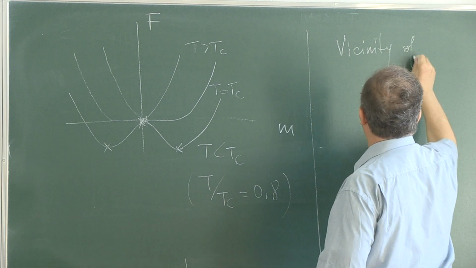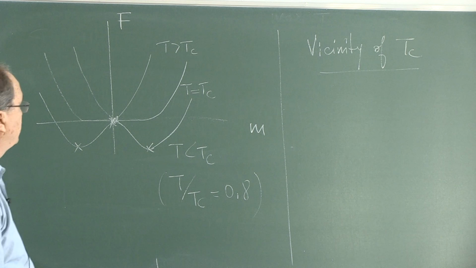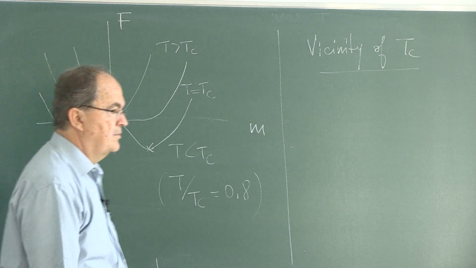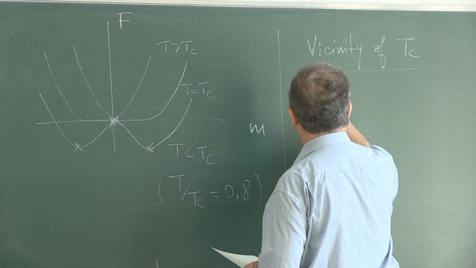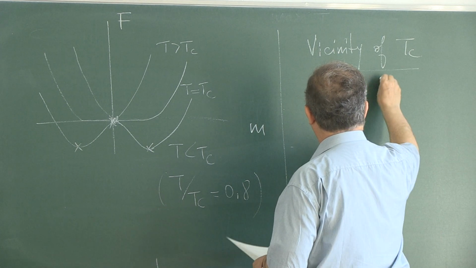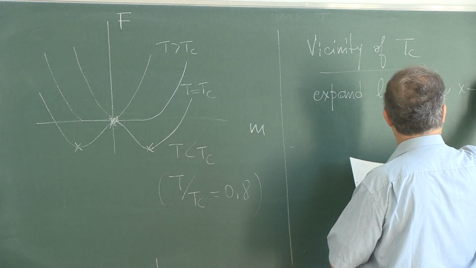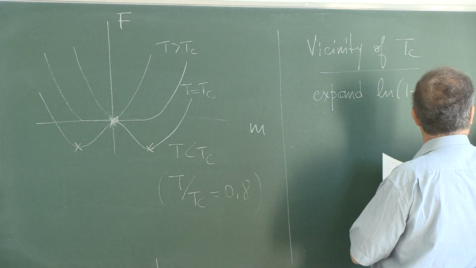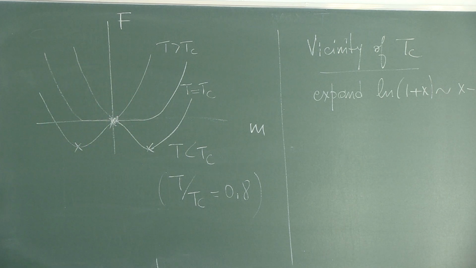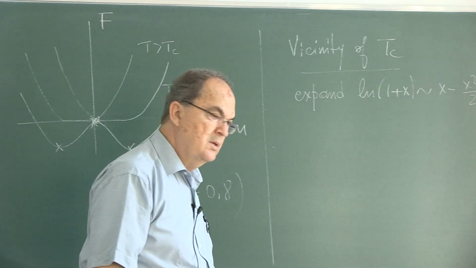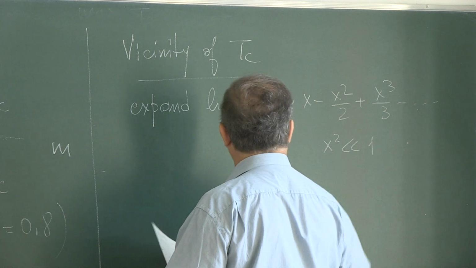Around T equals Tc, to go to the other side to get a transition, we can expand the logarithmic terms, ln(1 plus x) as x minus x squared over 2 plus x cubed over 3, etc. Okay? m is very small around Tc, so x squared is very much smaller than 1.